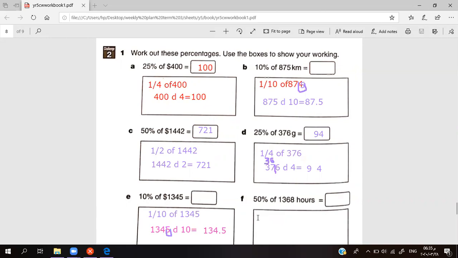As for number F, we all know that 50% as a fraction is 1 over 2, because it's half of 1368, which means in order to get it, I must divide the number I have by the denominator. So 1368 divided by 2 equals, okay, what times 2 gives me 13?